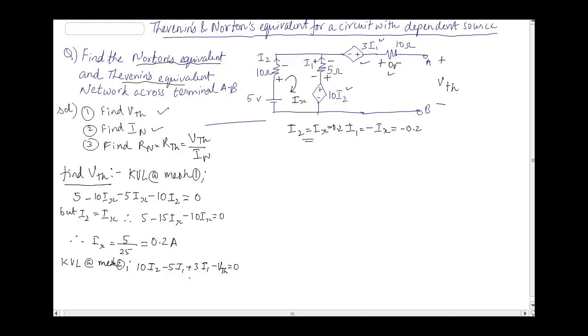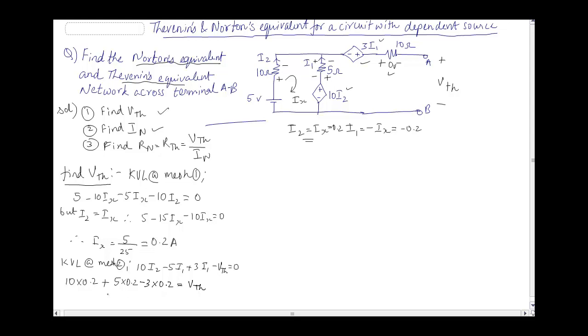We have already seen that I2 is 0.2, I1 is minus 0.2, so I can write this as 10 into 0.2 minus 5 into minus 0.2, that minus and minus will become plus, into 0.2, plus 3 times minus 0.2, which I can write as minus 3 into 0.2, is equal to VTH.